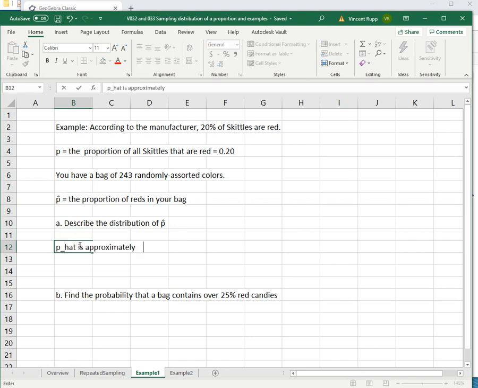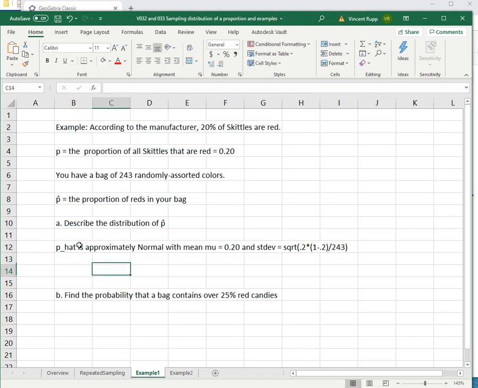is approximately normal with mean mu equals 0.2 and standard deviation equals the square root of 0.2 times 1 minus 0.2 divided by n, which is 243. And we should calculate that if we're going to do any calculations with it.